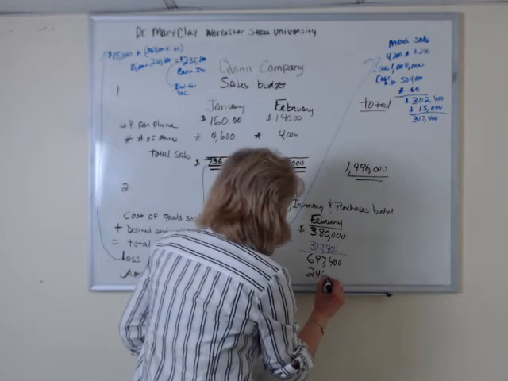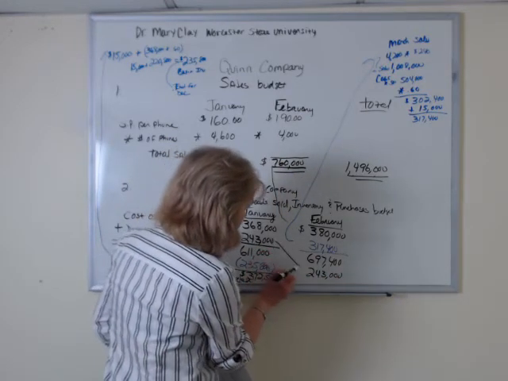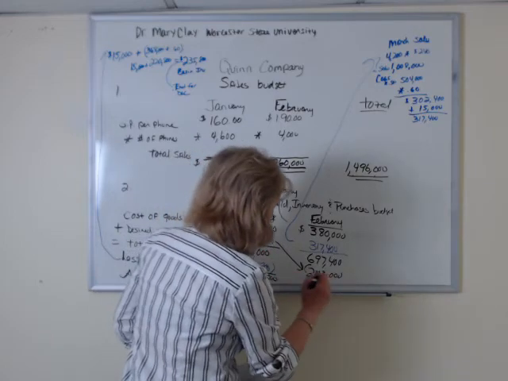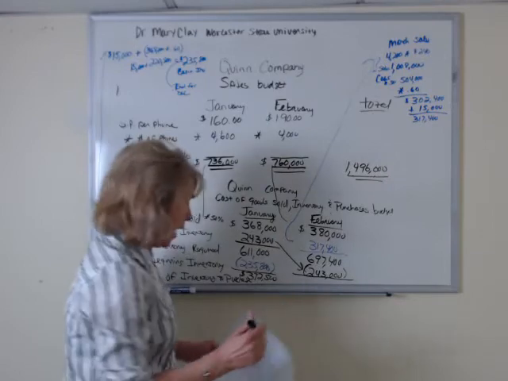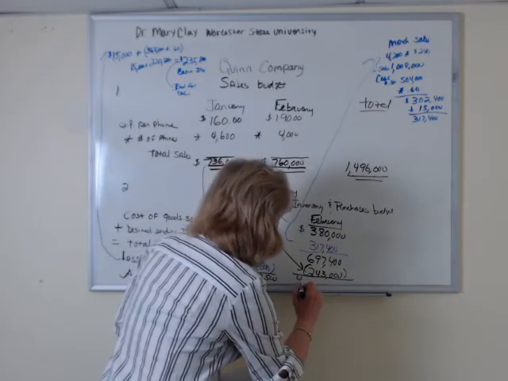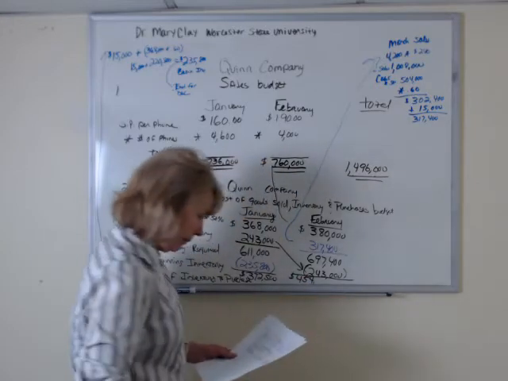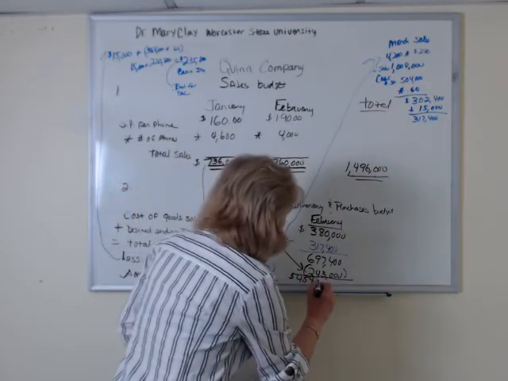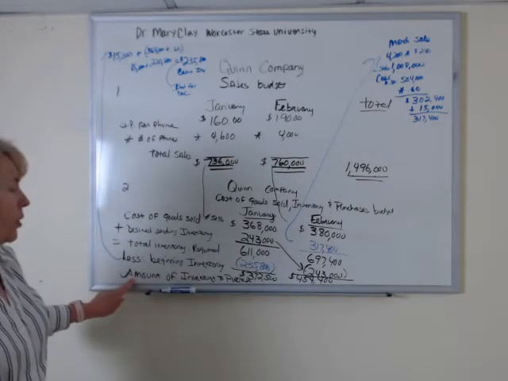So I've got 243. Let me just draw an arrow so you can see that. And then I've got the parentheses. And now I'm down to 454,400, which is the amount of inventory to purchase.